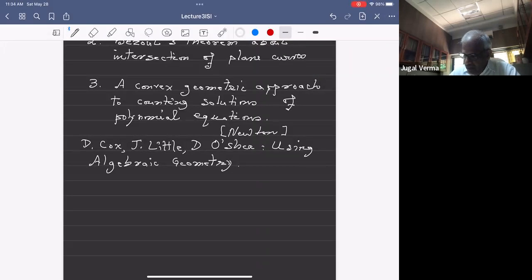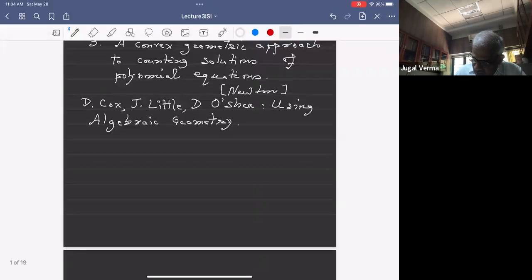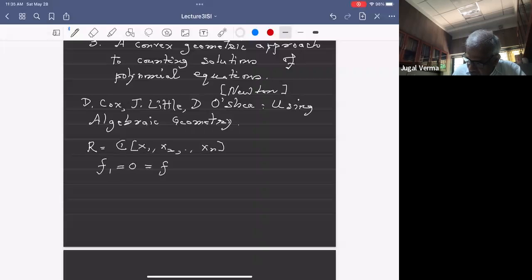Okay, so let us begin. We now know an upper bound on the number of solutions. This is the setup. We are considering polynomials in n variables with complex coefficients. I have a system of polynomial equations, f1 equal to 0, f2 equal to 0, and fs equal to 0.